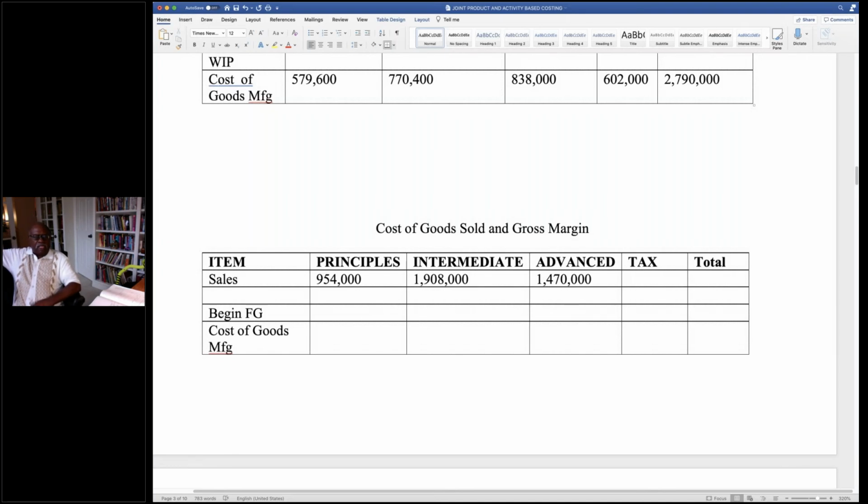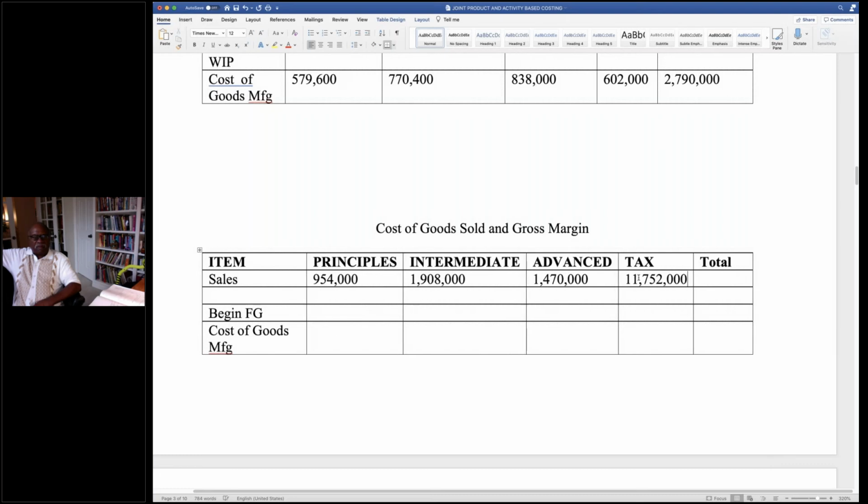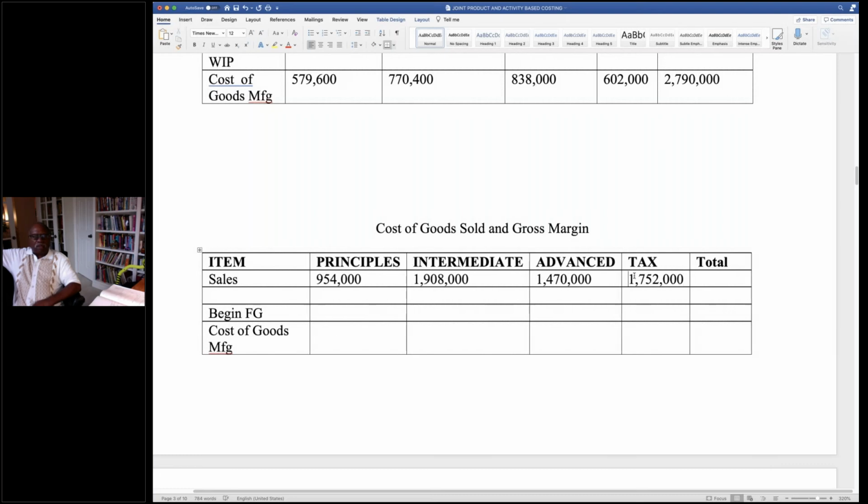So put your tax number in. Put your total in. You need help?